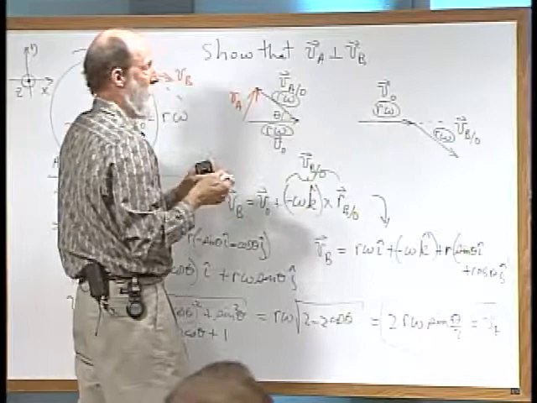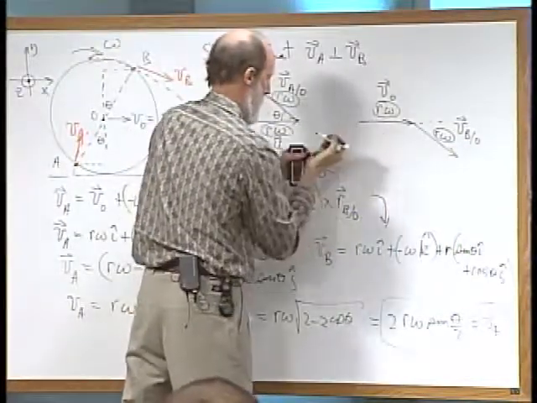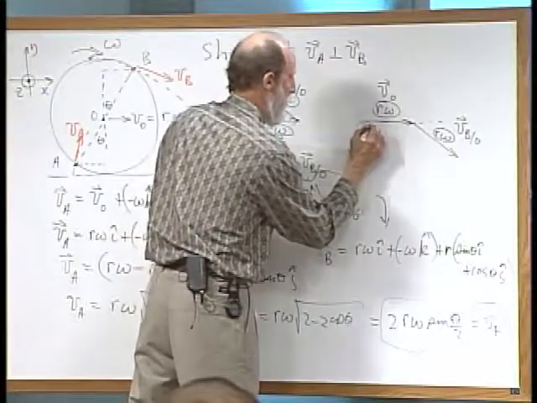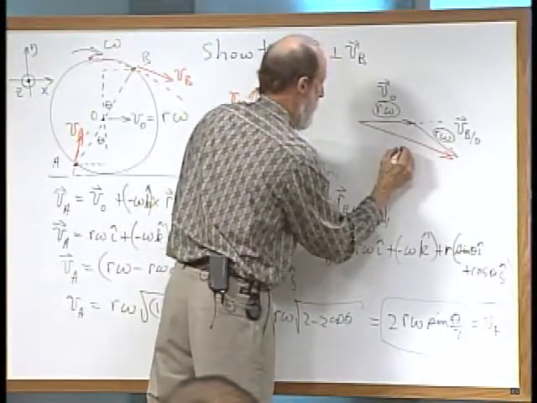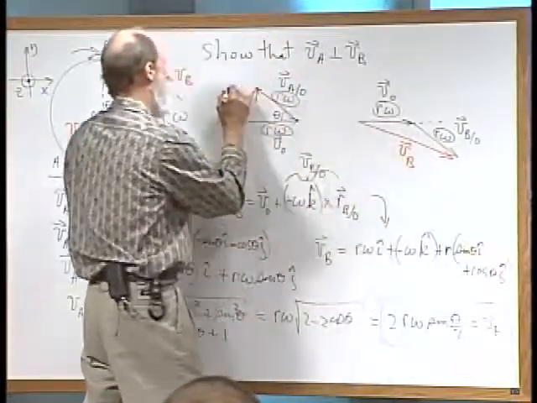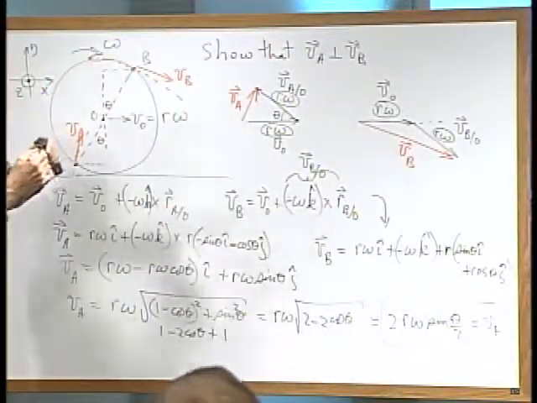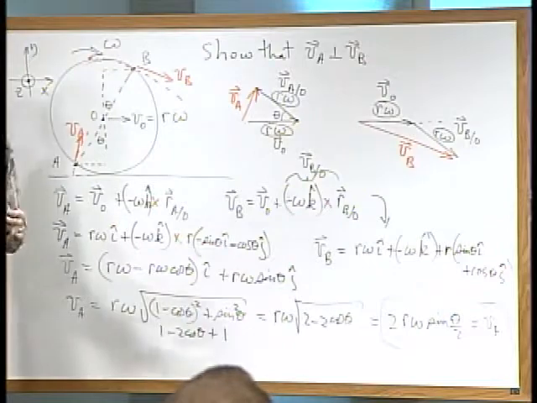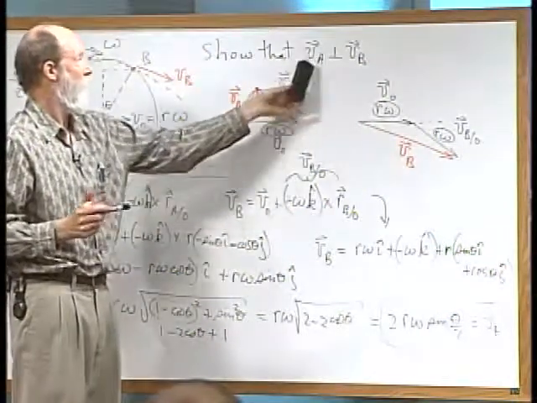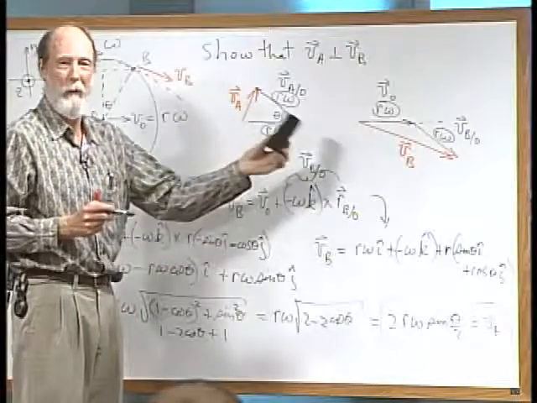And then we end up with this thing in orange being the velocity of B. So does that demonstrate to us that these are perpendicular from this nice picture?